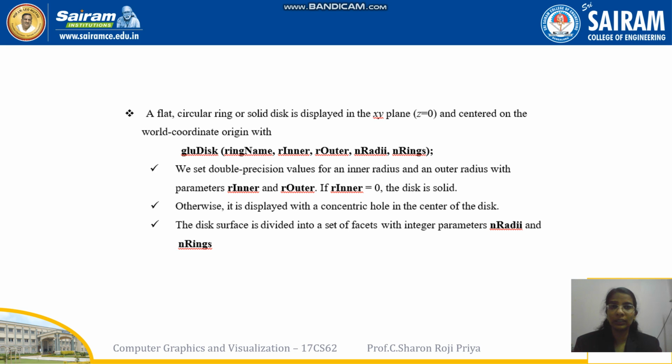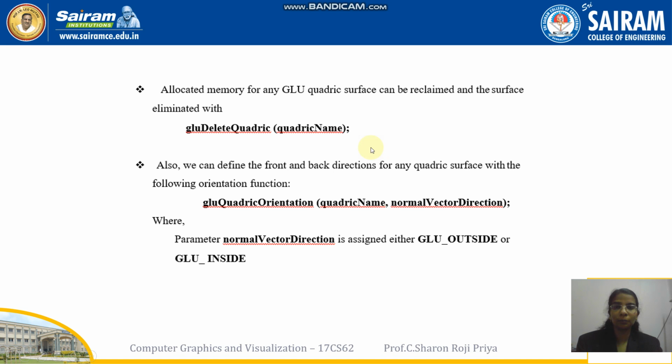Similarly, this is for disc. I give a name, the outer surface radius, the inner surface radius, and then the number of concentric rings and the number of radial slices.